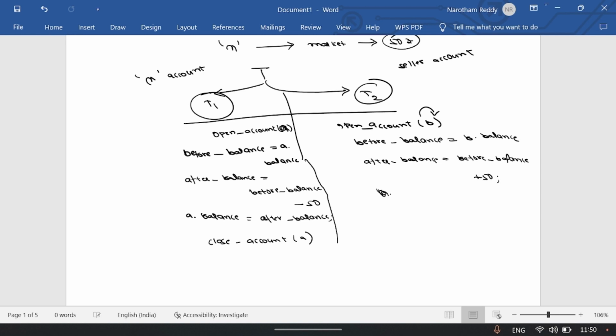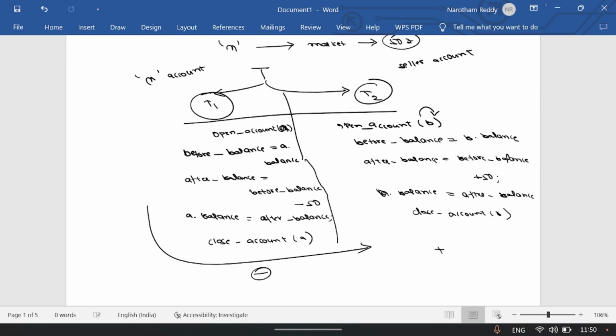B.balance equals after balance, and close account B. Here 50 is deducted from one account and added to the other.